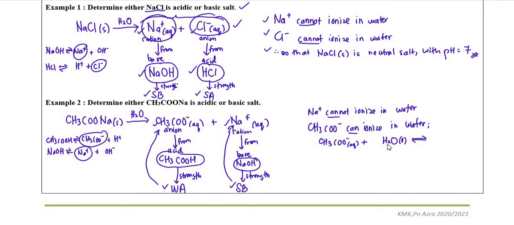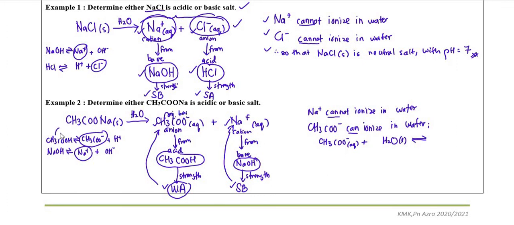Okay, kita tahu dia adalah, okay, dia datangnya daripada asid. So, kalau lah ini asid, okay, weak acid sini. Kalau lah ini adalah asid, partnernya bernama conjugate base. Betul tak?